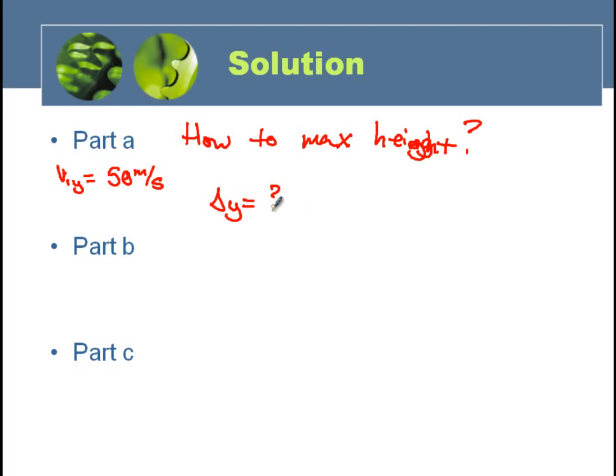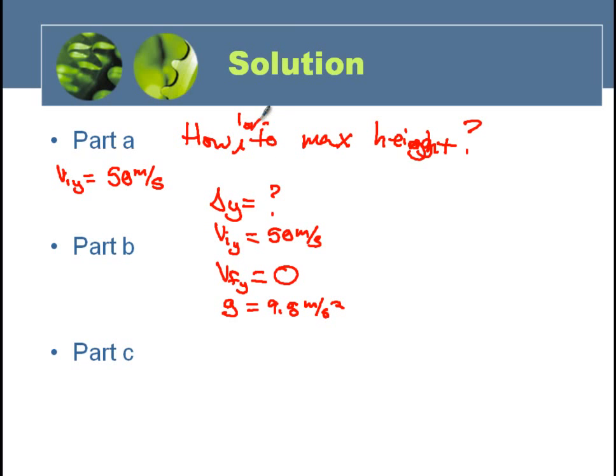Delta y we don't know because we don't know what our max height is. Our initial velocity in the y is going to equal 50 meters per second. Our final velocity in the y, what is the final velocity in the y at its maximum height? It is 0. Gravity, 9.8 meters per second squared. And our time, we don't know. That's what we're trying to find.